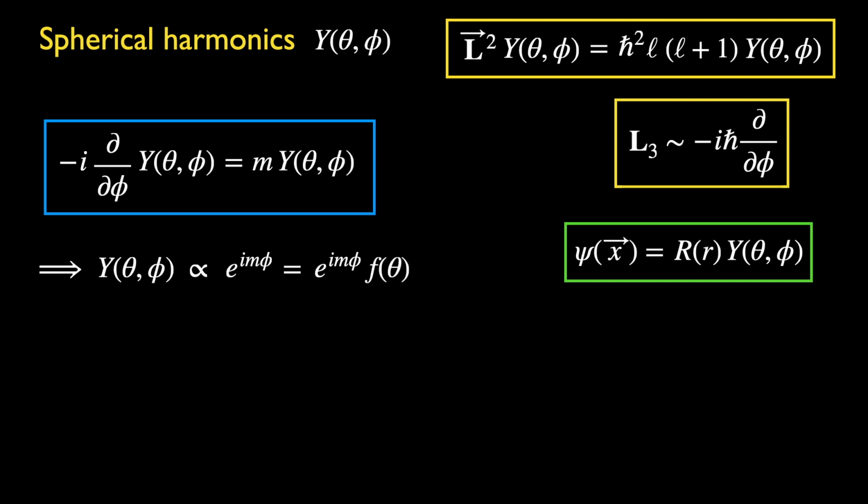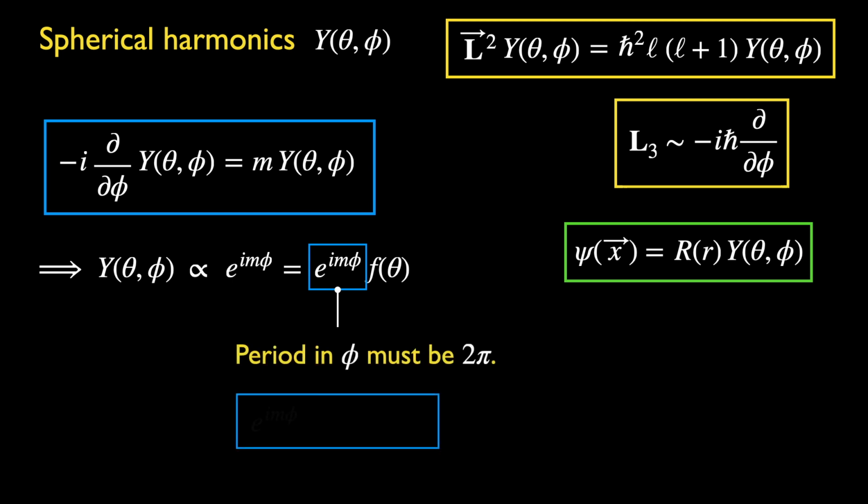Since going around the z-axis in a full circle will bring us back to the same point, if we require the wave function to be a single-valued function in position space, then the period in the angle phi must be 2 pi. This implies that m must be an integer, which could be positive or negative.